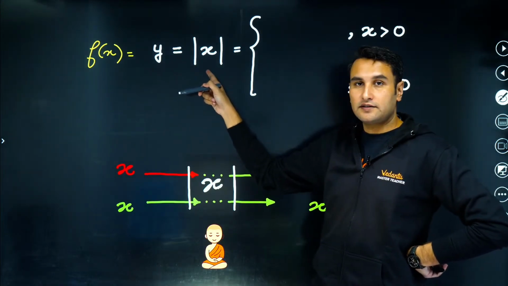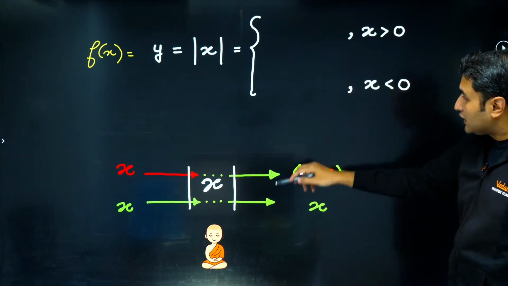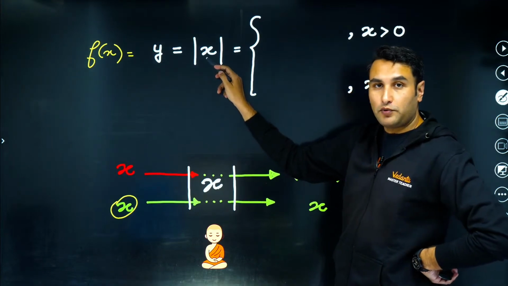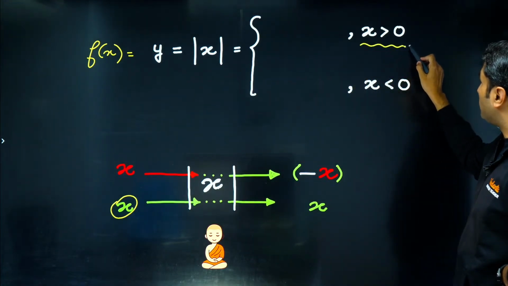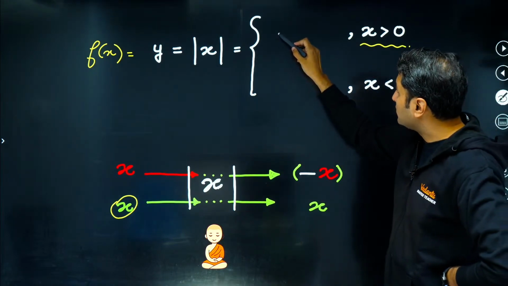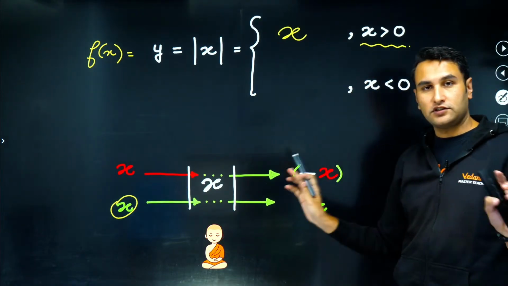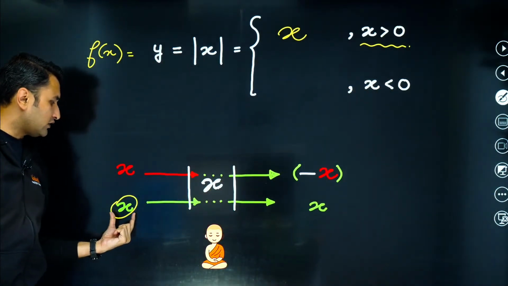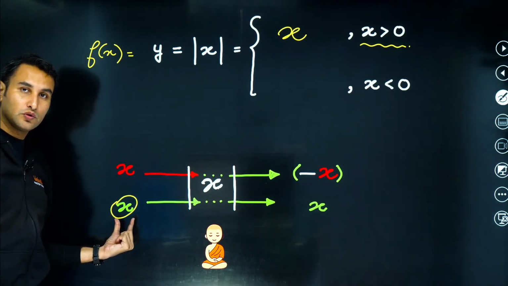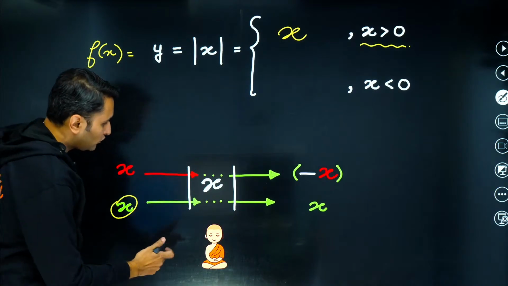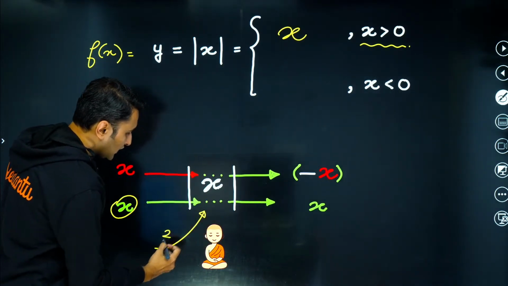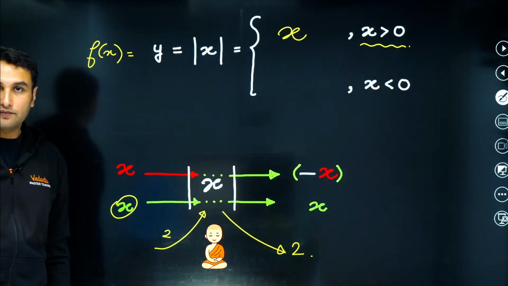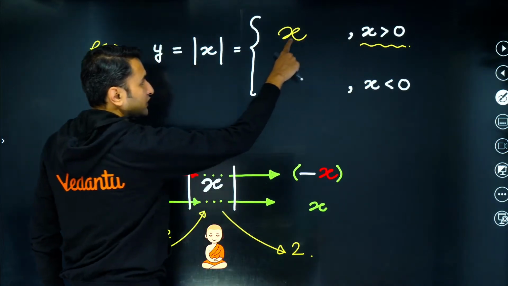So y is mod x is equal to x when x, which is the input, is already positive, then the output is the number itself, no change. Look at this green one, when x is positive, imagine 2. When you input 2, the output is also 2. Agree? Clear? So when the input is 2, output is 2.